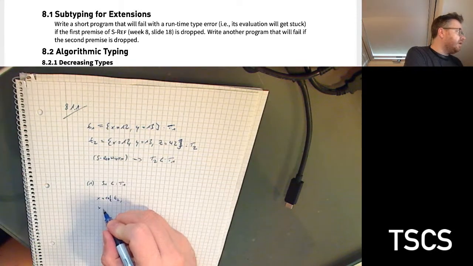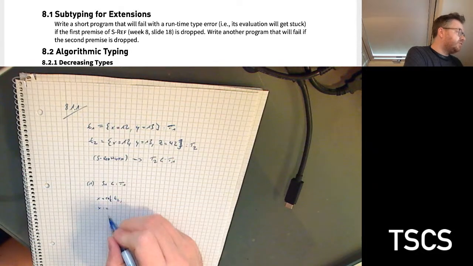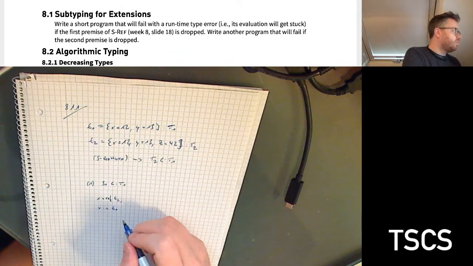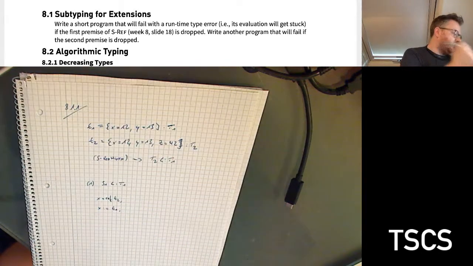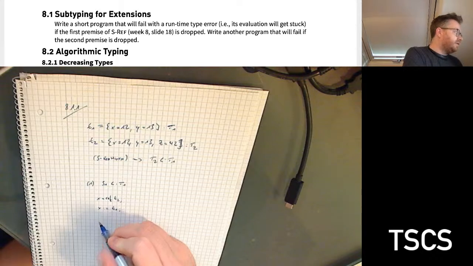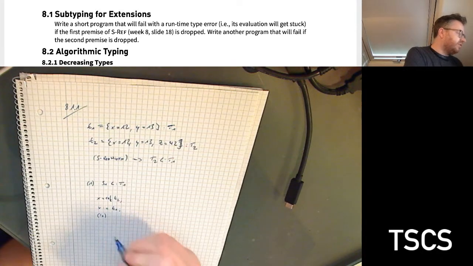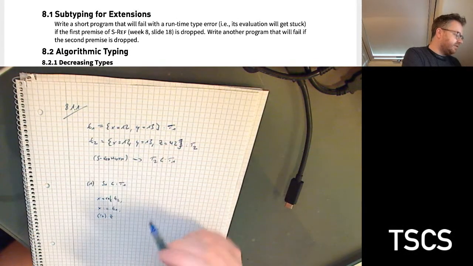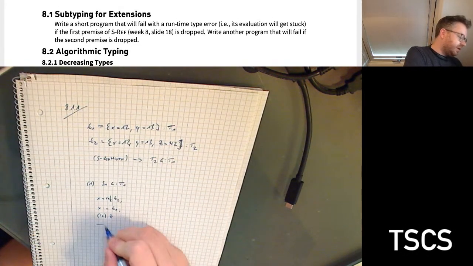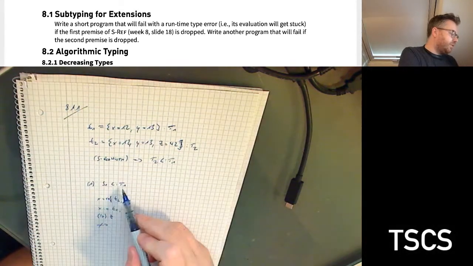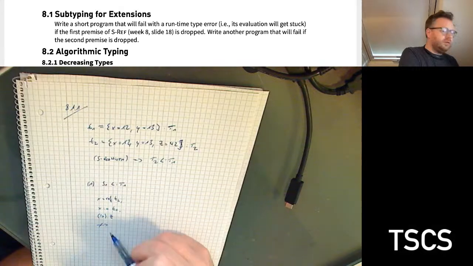And then assign to x T1, which we can now do because we dropped this premise. And then the last thing in the sequencing is to dereference and project to z, because T1 does not have a z. This should get stuck, and it actually does. Type-wise, this would be okay because we dropped the first premise, but then this won't evaluate.